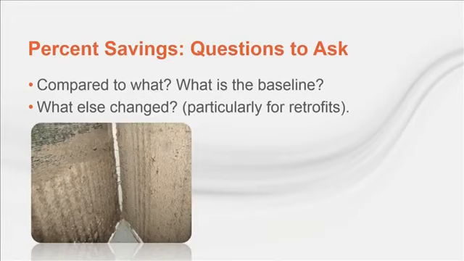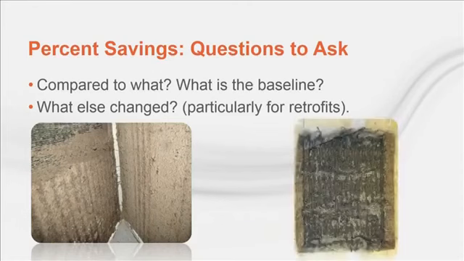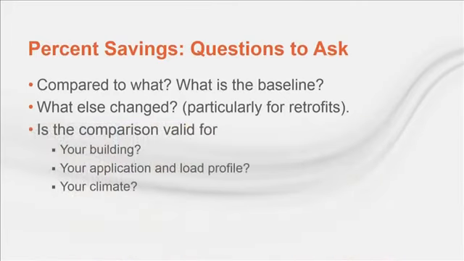Was a refrigerant charge corrected? Were clean filters finally installed, allowing air to actually blow across the evaporator after years of deferred, or ignored, maintenance?